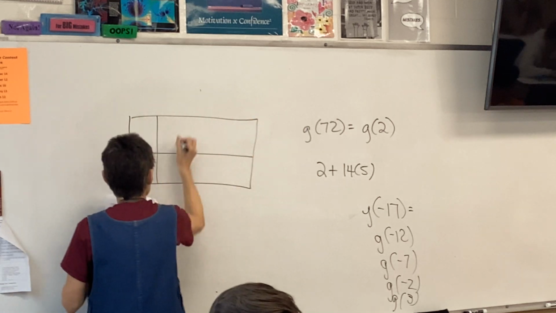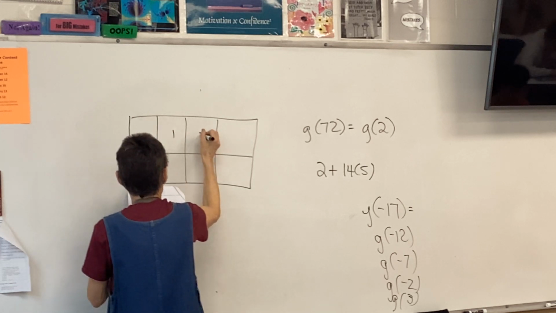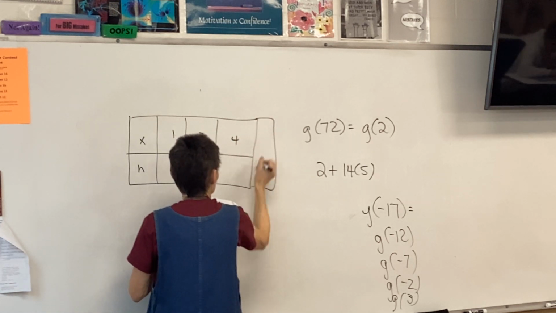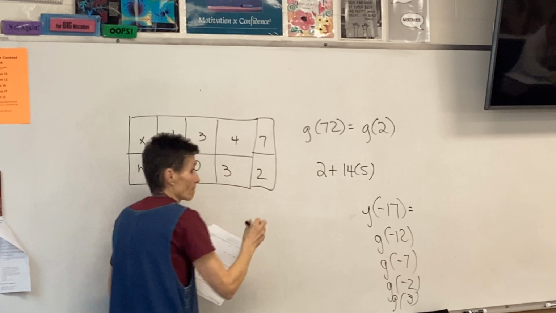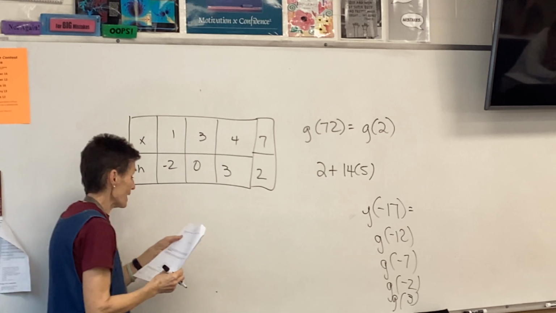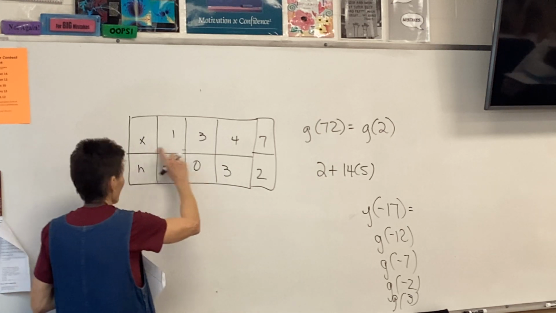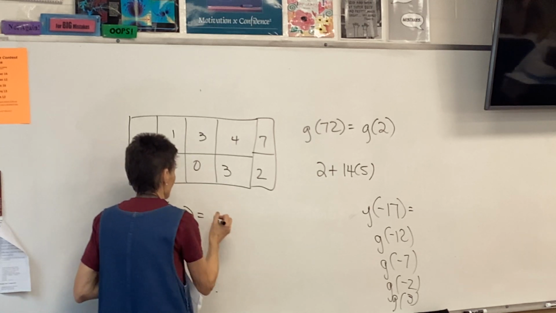So every 5, it repeats. So we have to somehow figure out, this is all we have to figure out, h of negative 2.